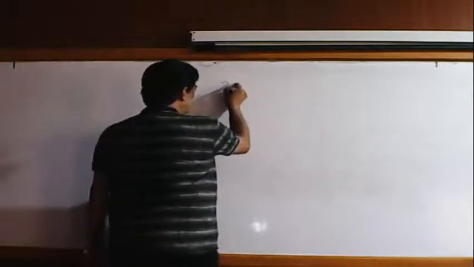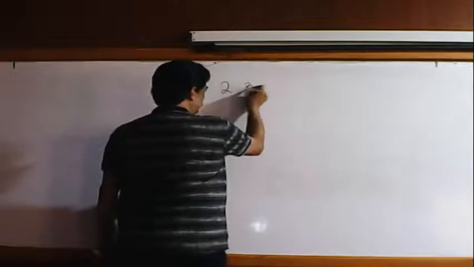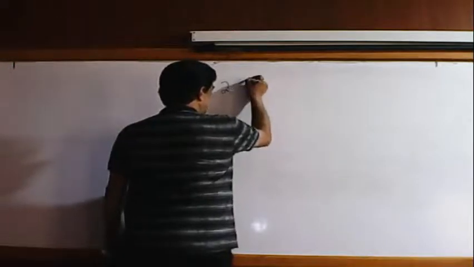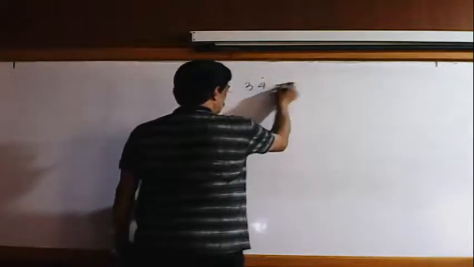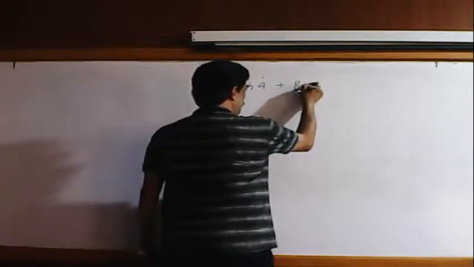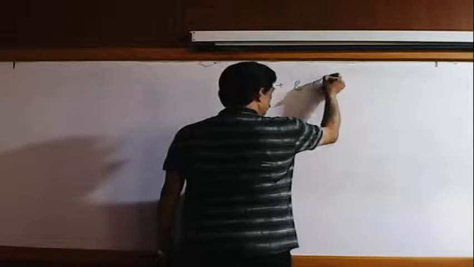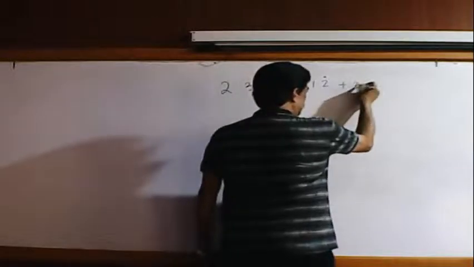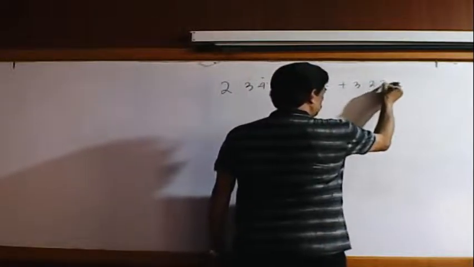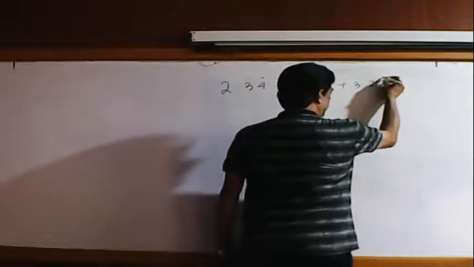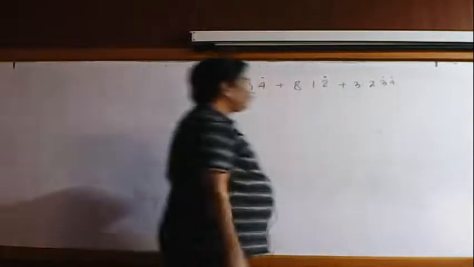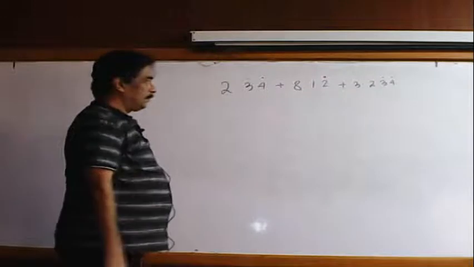They are giving 2.34 recurring plus 8.12 only recurring plus 3.234 recurring, and you have to find out what is the value.